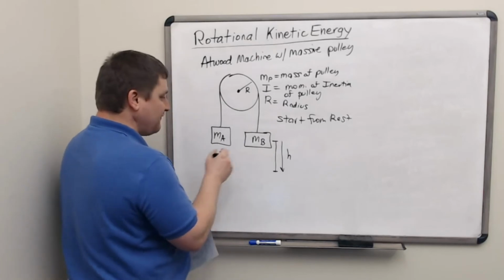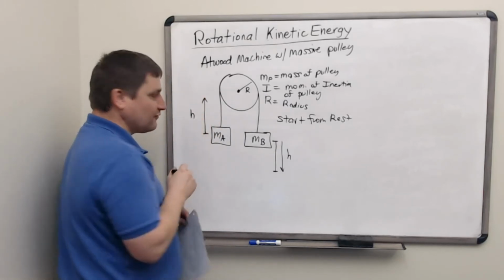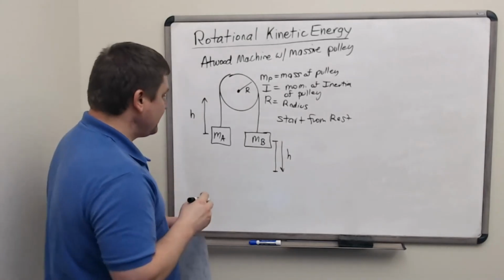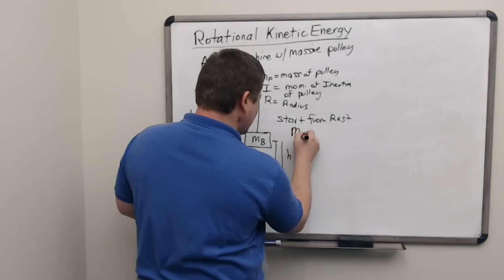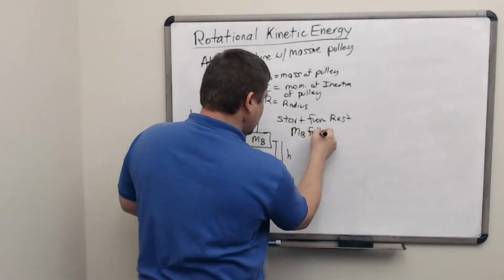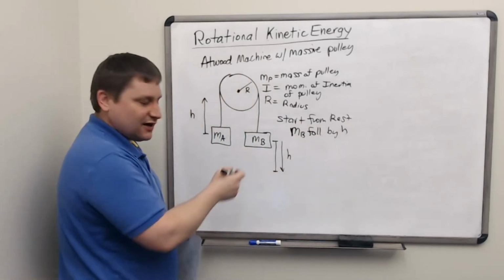Let MB fall a distance h. Let MA rise a distance h. And after that, to predict the final velocity of both masses.